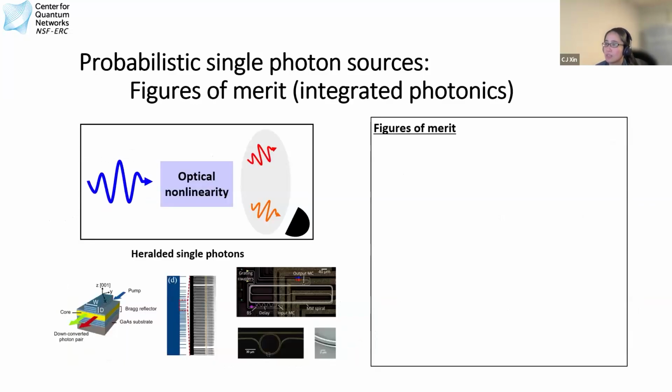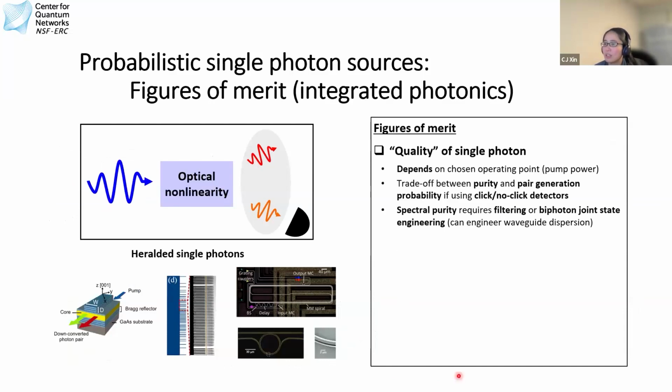So finally, figures of merit for integrated photonics. Most of them don't change. It depends on operating points and trade-offs.